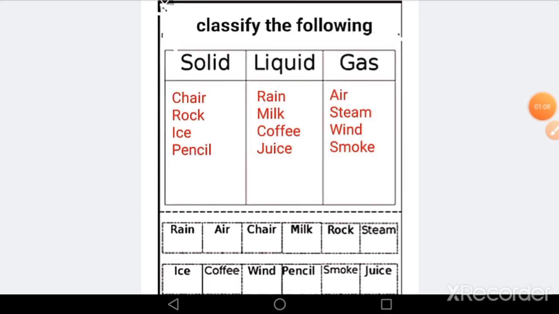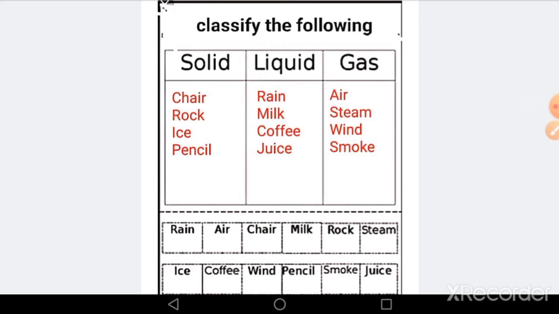So here chair, rock, ice and pencils are examples of solids, because they are usually hard and have a fixed shape, because the particles are packed very close to each other.